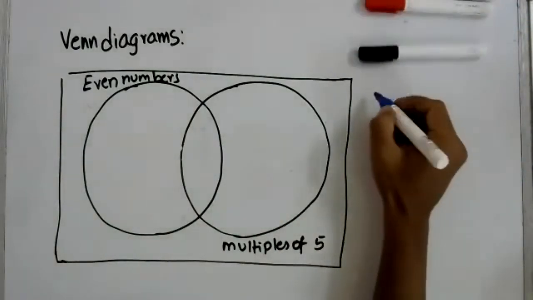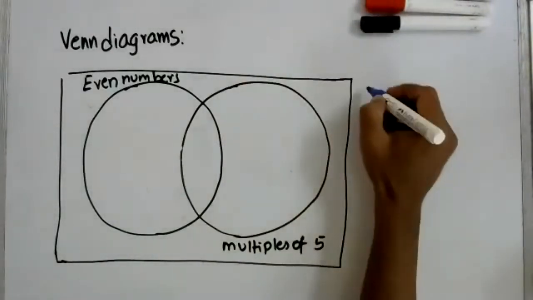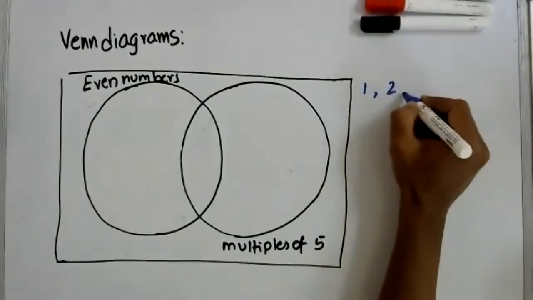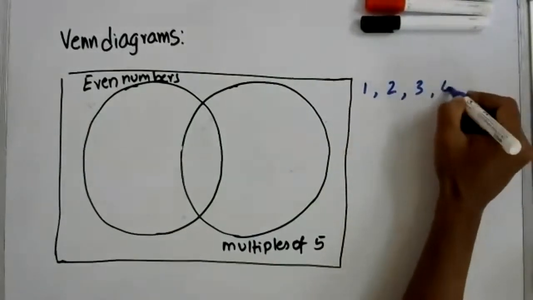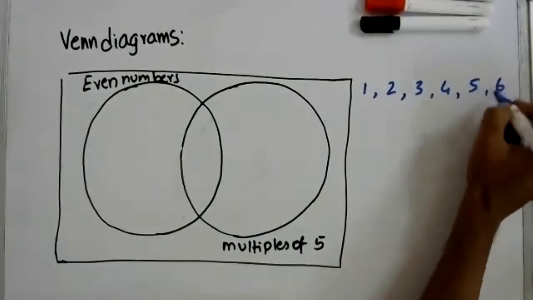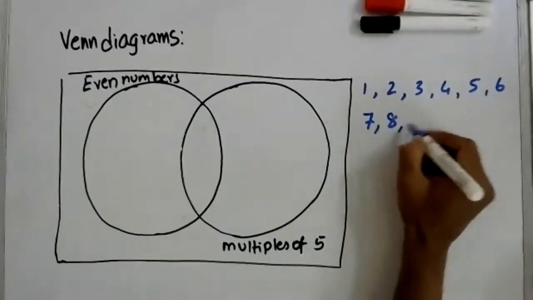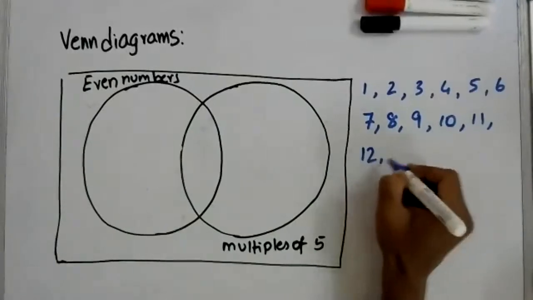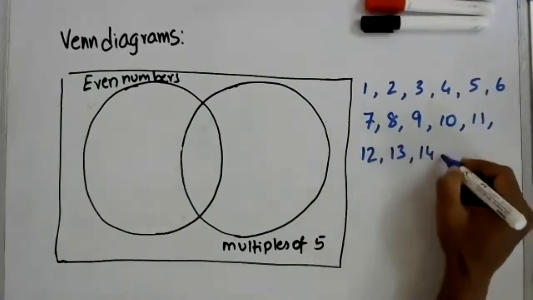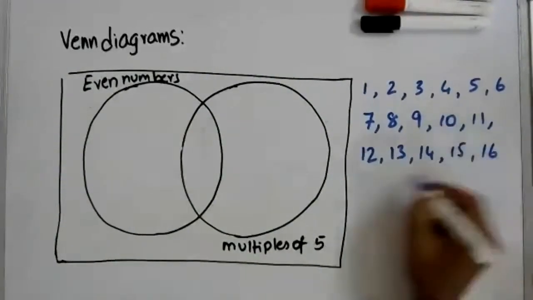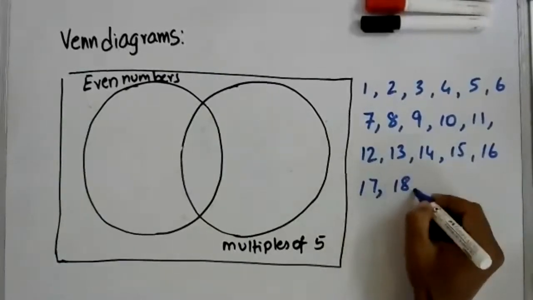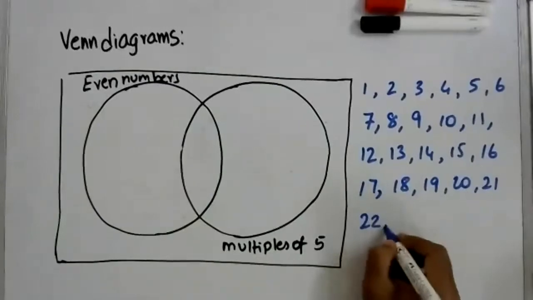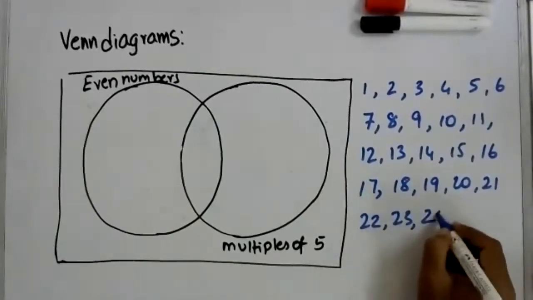So if I give you a set of numbers in the universal set, that will be all the numbers from 1 to 30. So you say 1, 2, 3, 4, 5, 6, 7, 8, 9, 10, 11, 12, 13, 14, 15, 16, 17, 18, 19, 20, 21, 24.